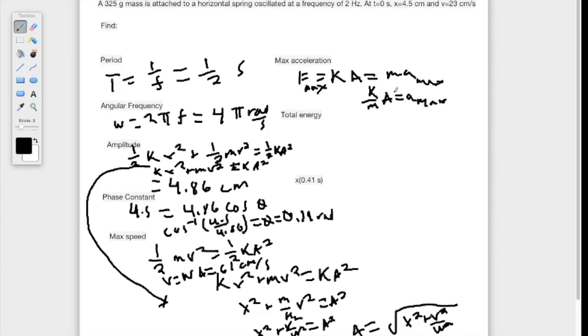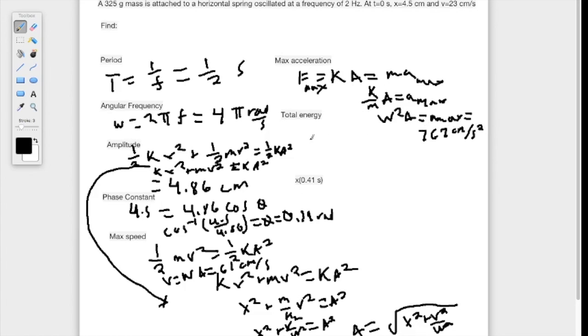But we also know that k over m is omega squared. So omega squared times amplitude is a max, and that equals about 767 centimeters per second squared.